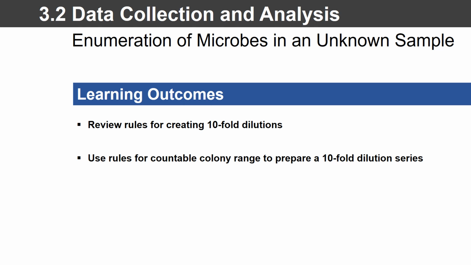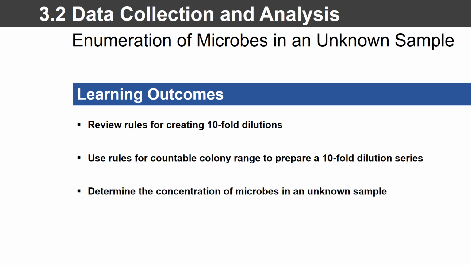It's really important right away to think about this. If you have a sample at high concentration, you might need to do some dilutions in order to determine the concentration in that sample. We'll get there. The third is to, as mentioned, use all of this knowledge to find out what the concentration is.